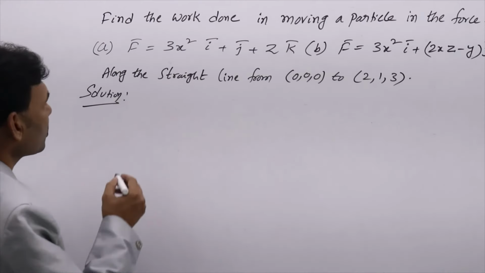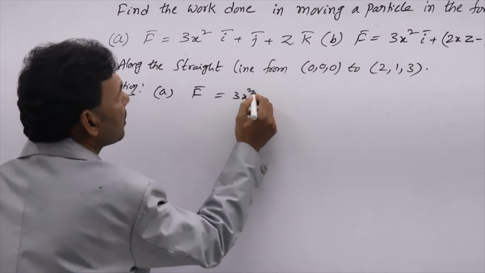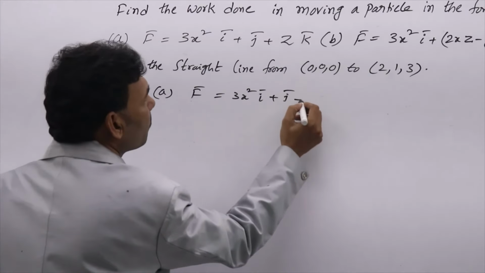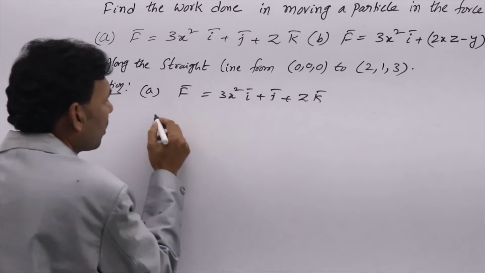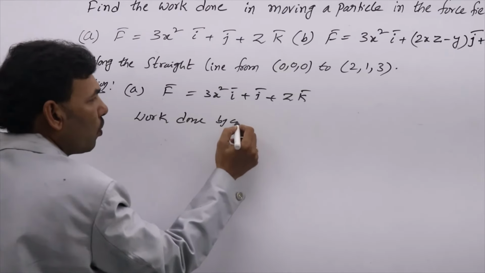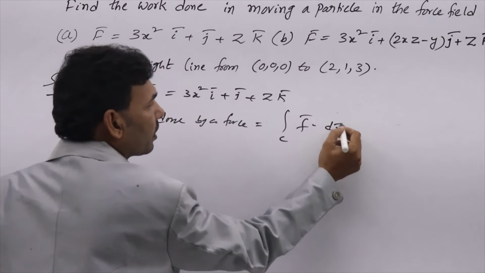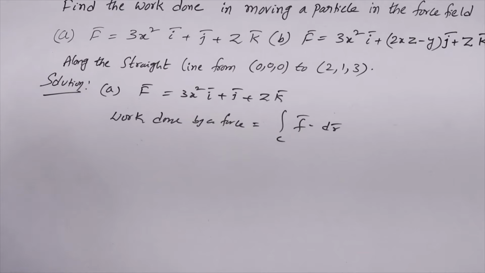So coming to the first bit, F bar is given as 3x squared i bar plus j bar plus z k bar. Work done by a force, we all know, is the integral over C of F bar dot dr bar. That we need to evaluate.